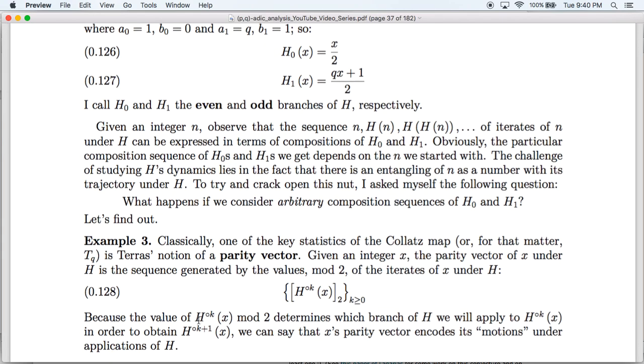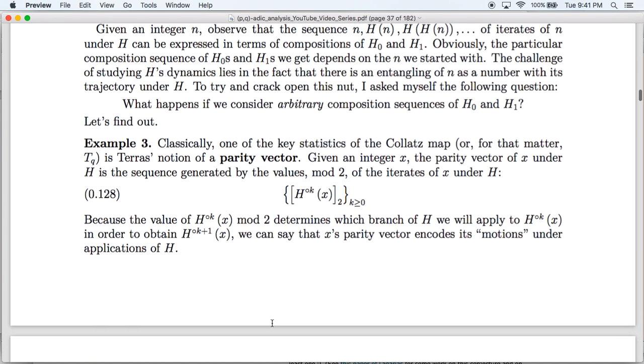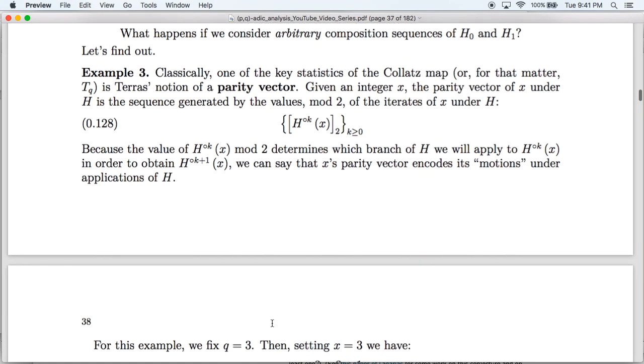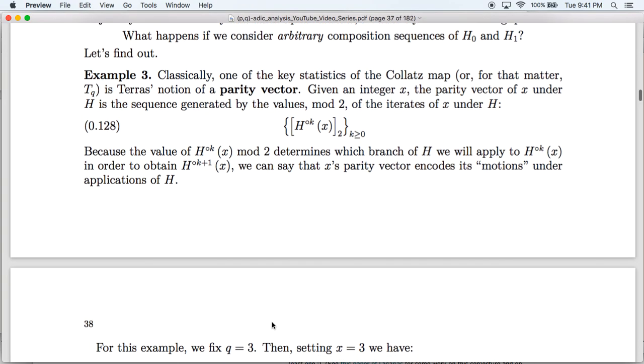Because the value of the kth iterate mod 2 will determine which branch of h we apply when we consider the (k+1)th iterate, we can say that the parity vector of x encodes x's motion under applications of h. This is a very important object in classical Collatz studies, and it's going to be important in our work as well, but in a non-standard way.